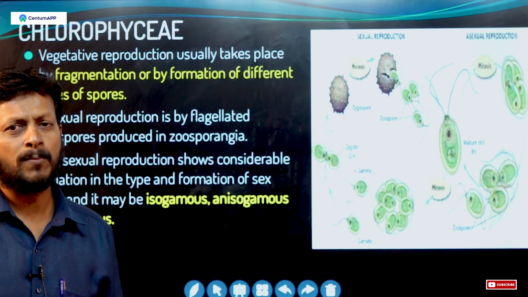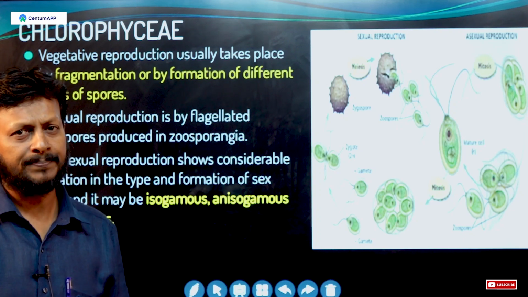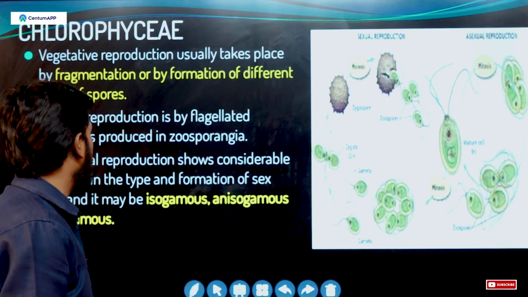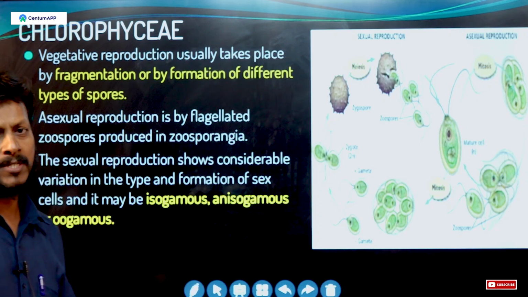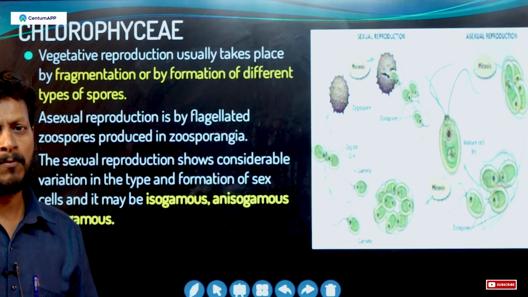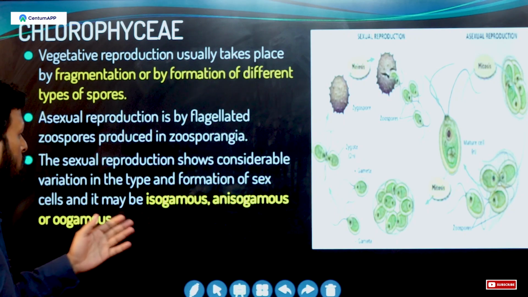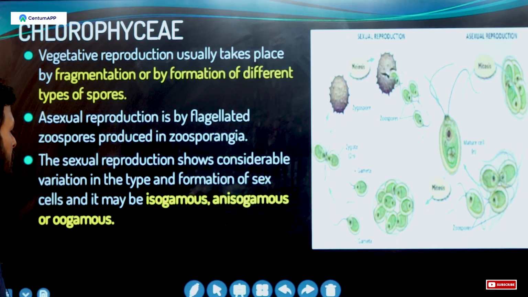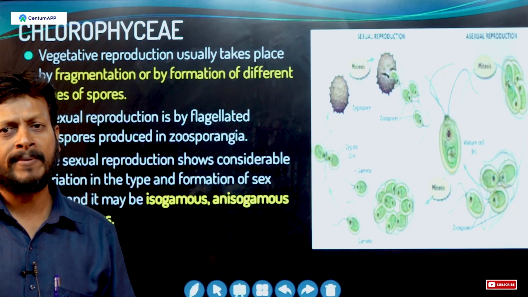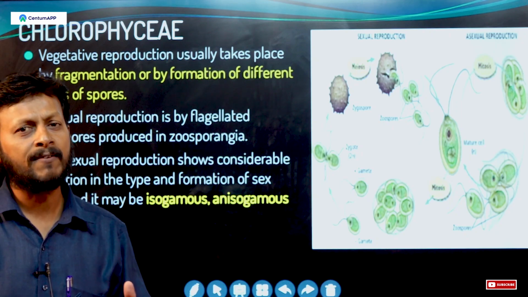In vegetative reproduction, fragmentation means segmentation occurs, as in Spirogyra. In asexual reproduction, zoospores form; zoospores move from one place to another. In sexual reproduction, there are isogamous, anisogamous and oogamous types. Iso means morphologically similar gametes, aniso means morphologically dissimilar gametes, and oogamous means egg formation.